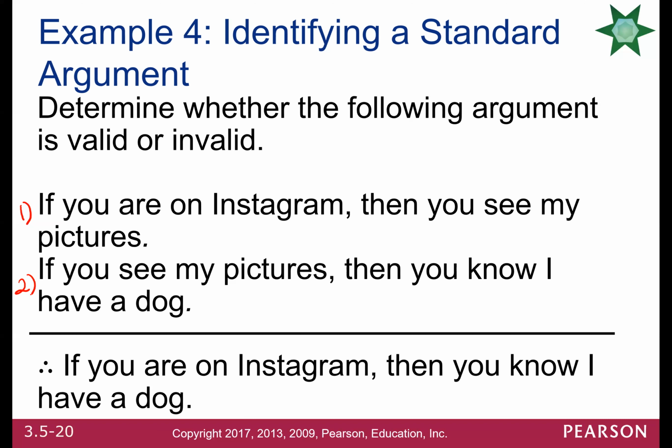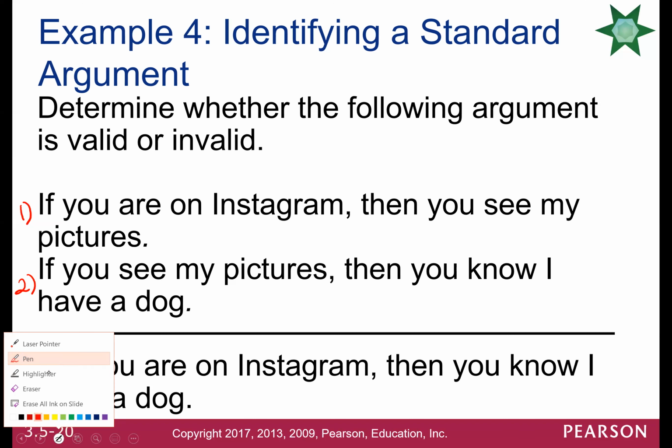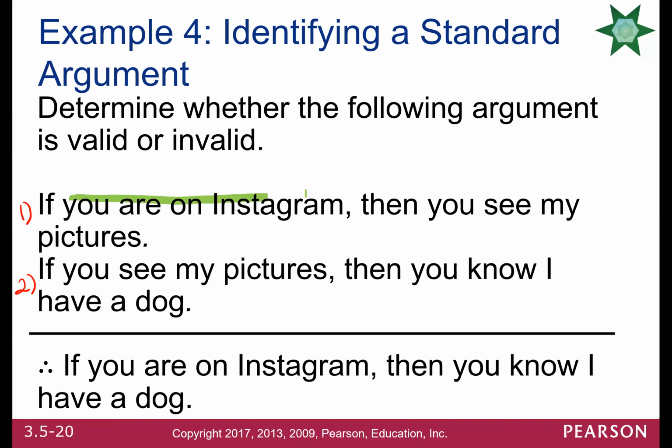So I first need to decide what my statements are going to be. And I have 3 here. The first statement I have is you are on Instagram. So that would be statement P. The second statement I have in the first premise is you see my pictures.